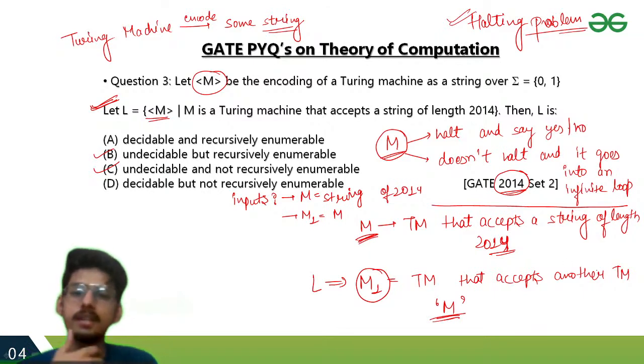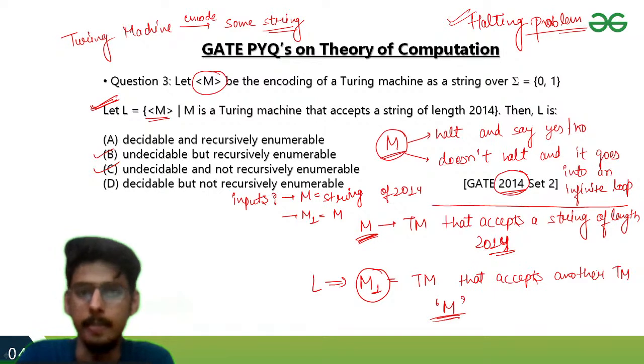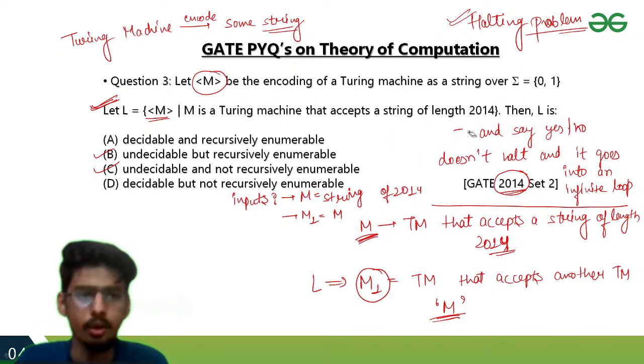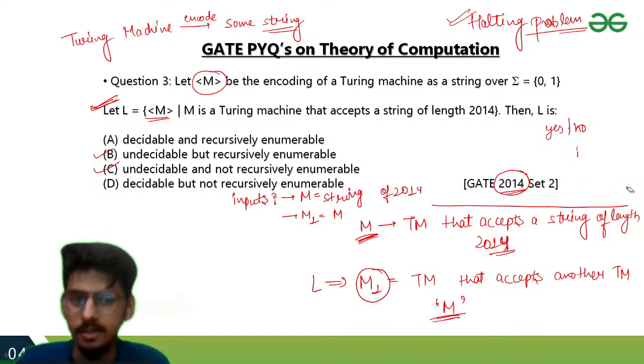Now how to check whether it is recursively enumerable? What are recursively enumerable languages first of all? So you have two types of languages, right? Let me remove all of this so that it is easier for you to understand. One is recursive language and the other one is recursively enumerable language.